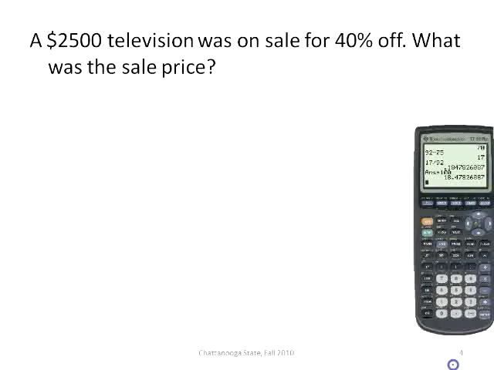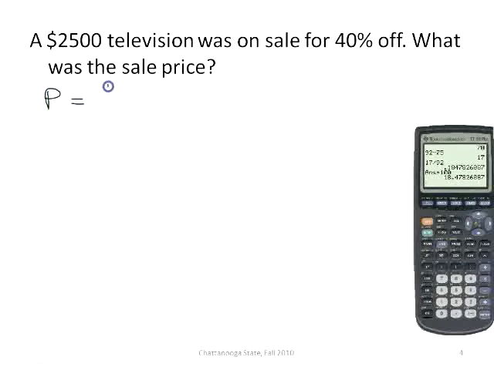Here is another example of a sale. A $2,500 television was on sale for 40% off. What was the sale price? Well, here we don't know how much the discount was, but we do know the percent change.